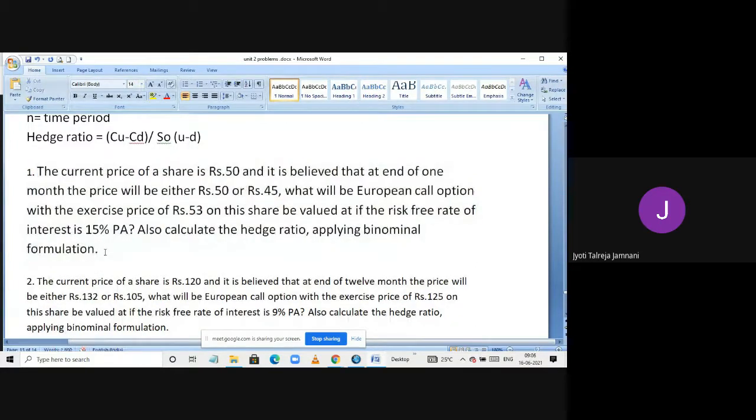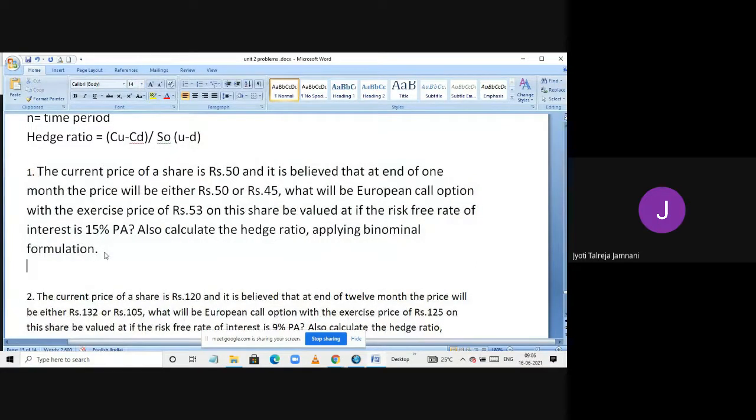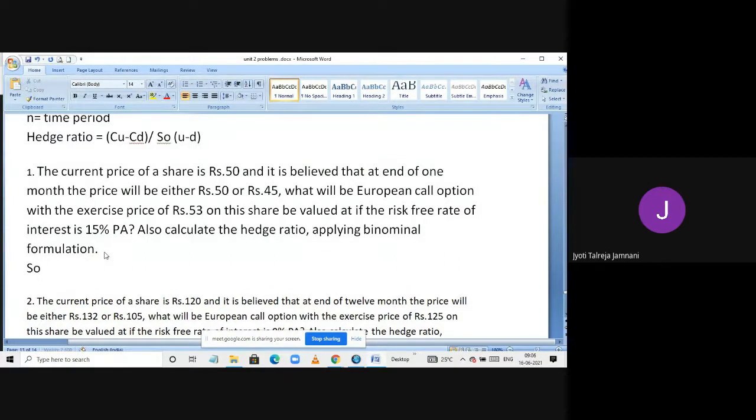Okay, first we'll write down what is given. The current price of the share is rupees 50. So this is S0, that is 50 rupees. Then it is believed that at the end of 1 month, so now they have given you the time period, N is equal to 1 month.